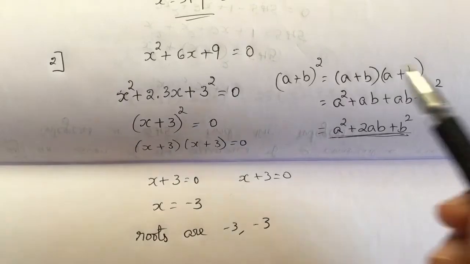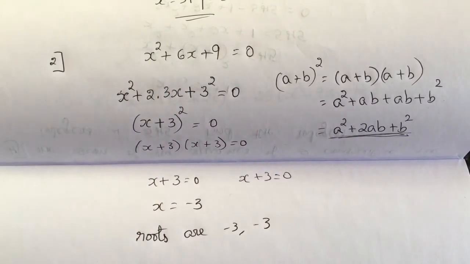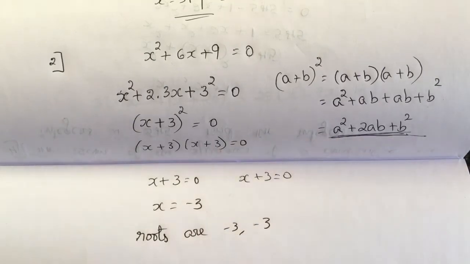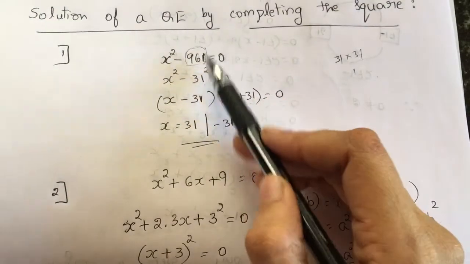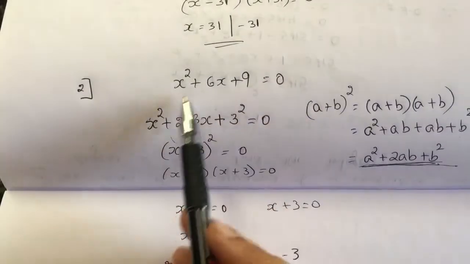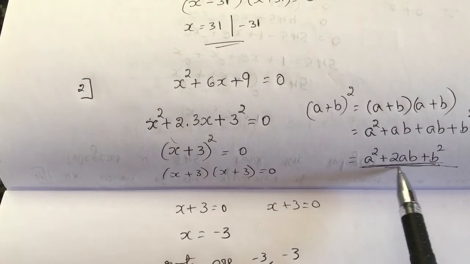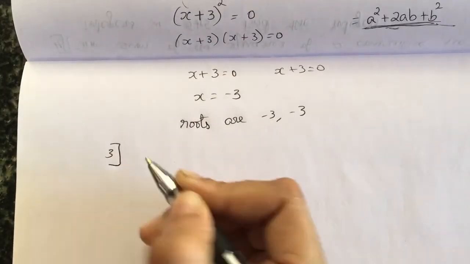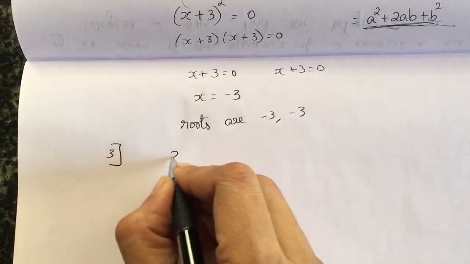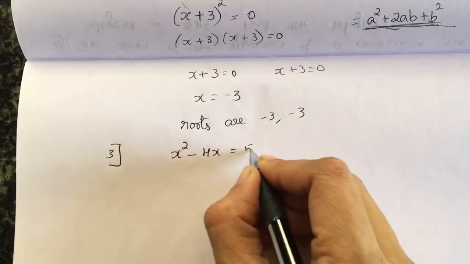This is the way you have to check, when a quadratic equation is given to you, whether you can rewrite it like this or not. If it's of this kind, then it is a perfect square and you can directly go ahead. If it includes a bx term, then you have to check with this. I'll take up one more quite different one. You have x square minus 4x equal to 5.